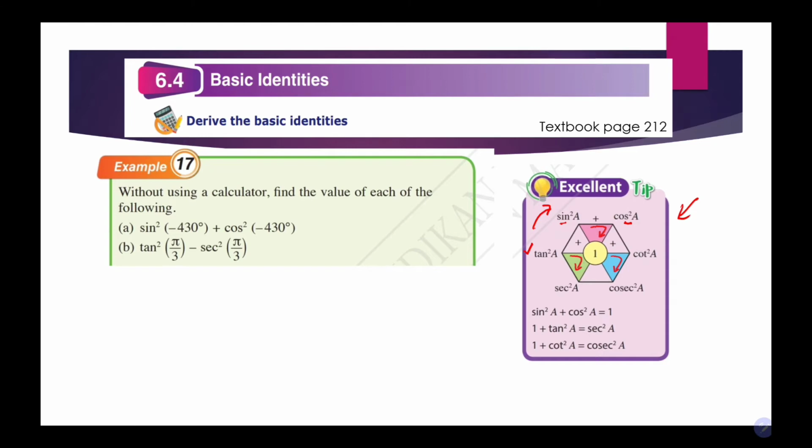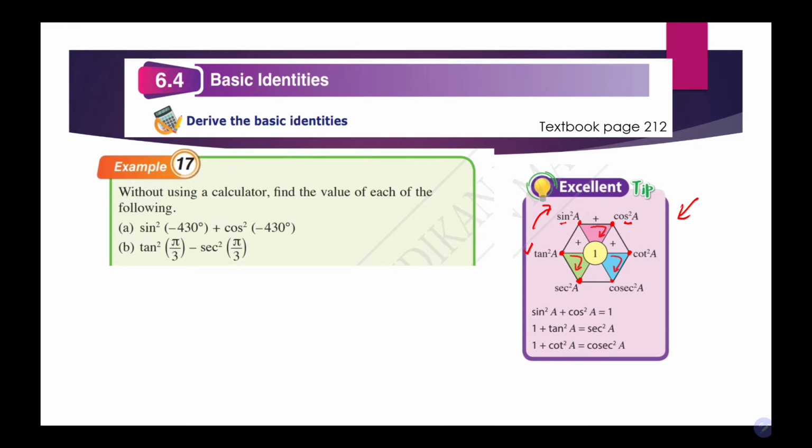Then the next will come back to the flip of each. So tangent's opposite will be 1 over tangent, which is cotangent, and sine's opposite will be cosecant. Cosine's opposite will be 1 over cosine, which is secant. This is how we put all the functions in the hexagon.